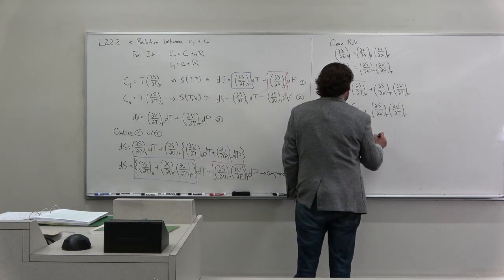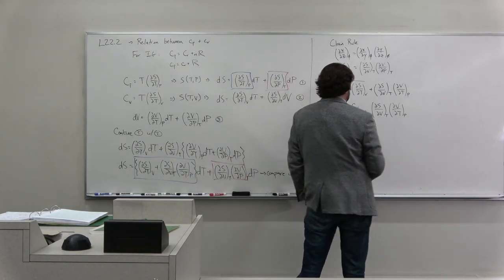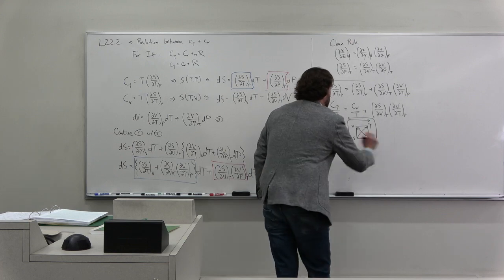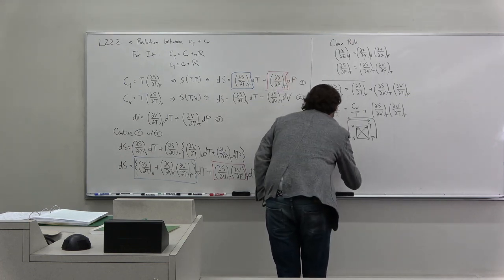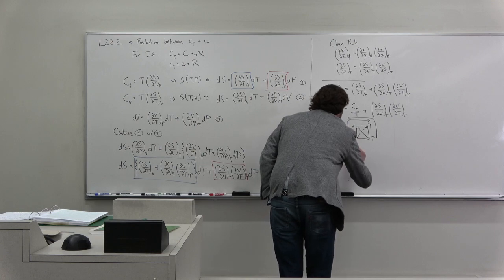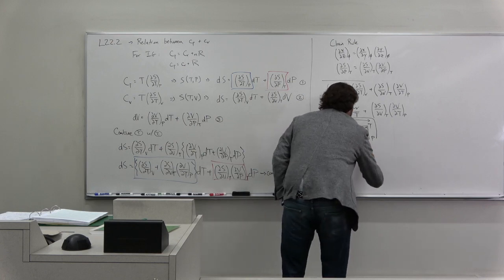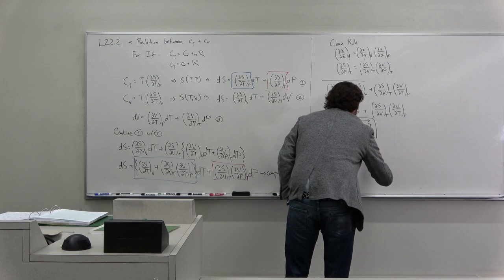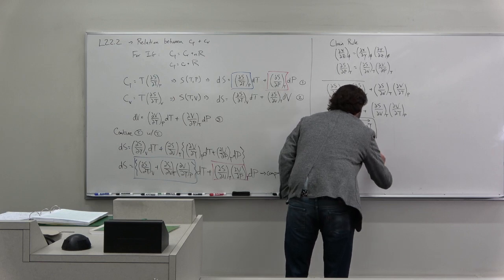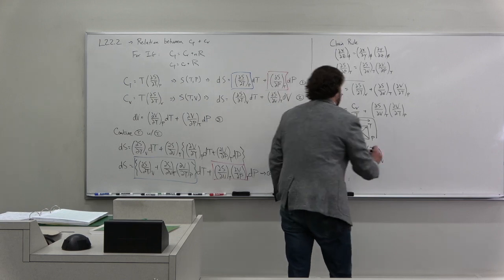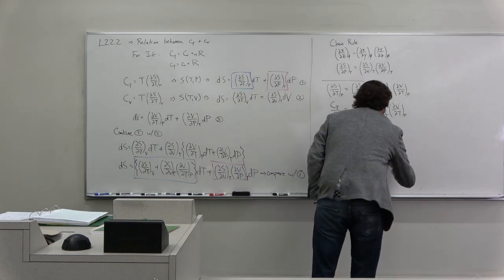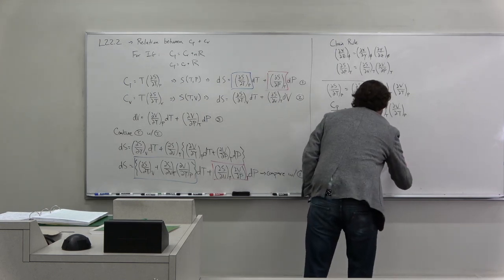One, two, three is PTV. Okay. So now we have CP over T equals CV over T plus partial P partial T at constant V, partial V partial T at constant P.